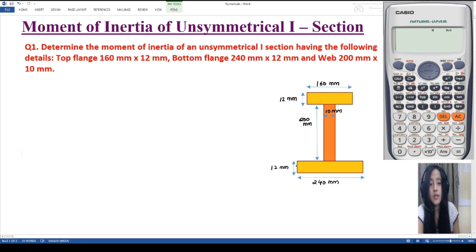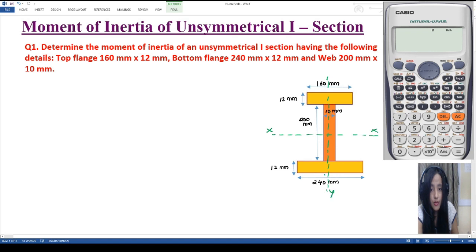So this is the question that has been given, and for this we need to find moment of inertia about two axes. The two axes will be moment of inertia about the Ix axis. Let us say the x axis is running from here, and let the y axis run from here.